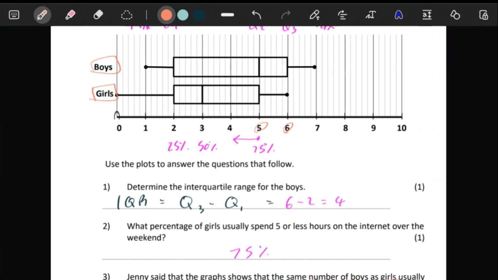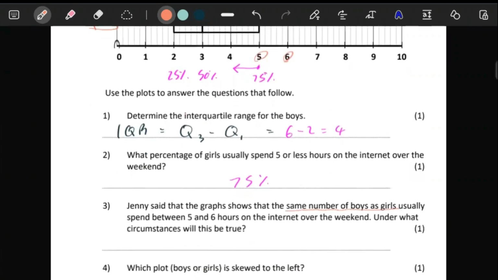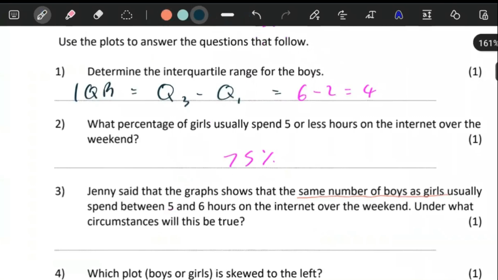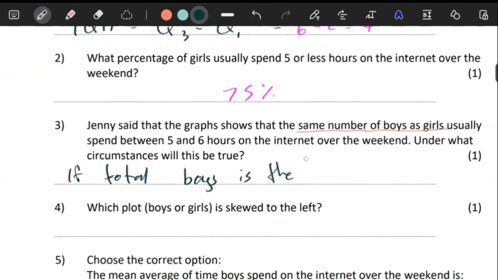Because that would mean that 25% of one set of data is equal to 25% of the other set of data. So the only circumstance where this is true is if the total boys is the same as the total girls. There we go.